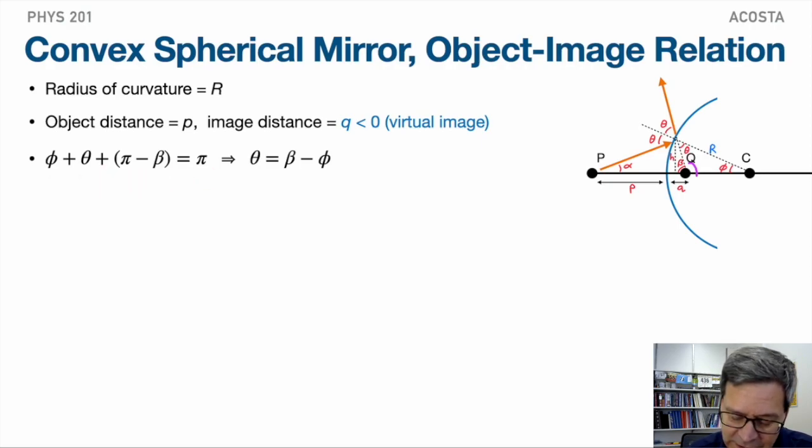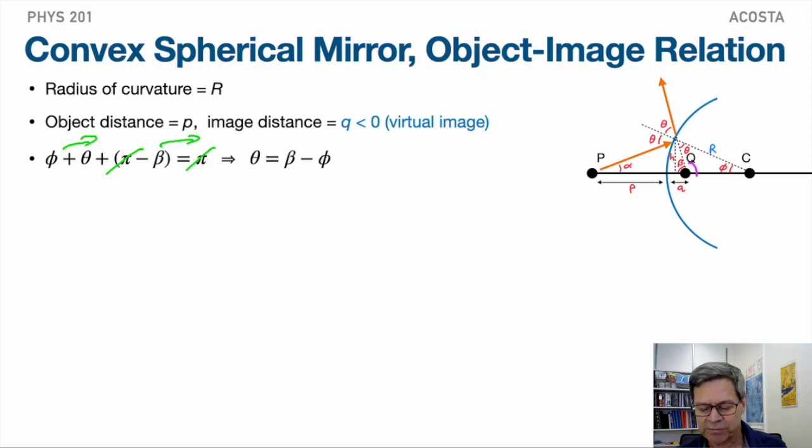What I can see is, again, I have pi on both sides of the equation. I can eliminate that. And if I solve for just angle theta, I can move beta to the other side of the equation and phi to the other side of the equation. So I have to add beta and subtract phi, and I get this relationship that theta is beta minus phi in terms of those angles.